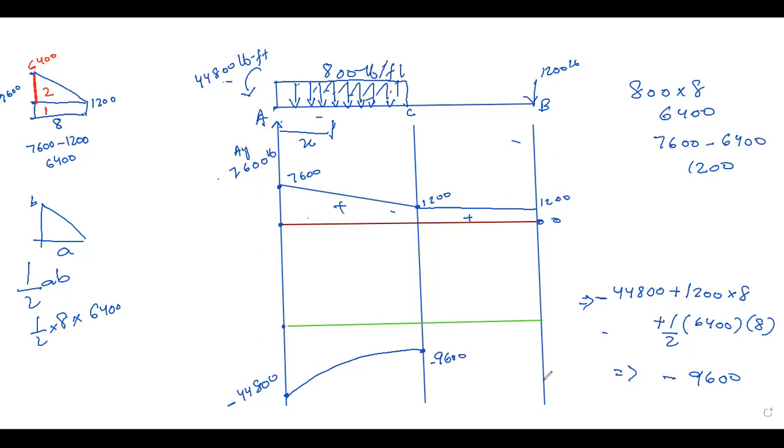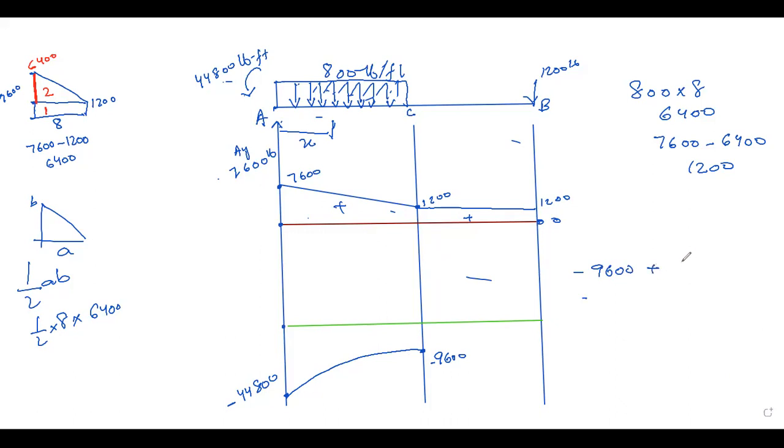So our next equation will be, I'll clear this one, our next equation will be minus 9600 plus 1200 into 8.